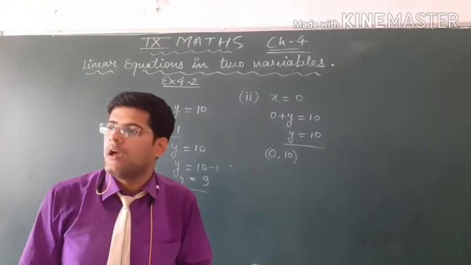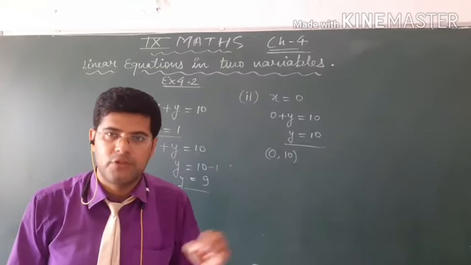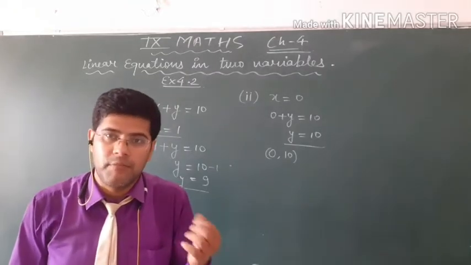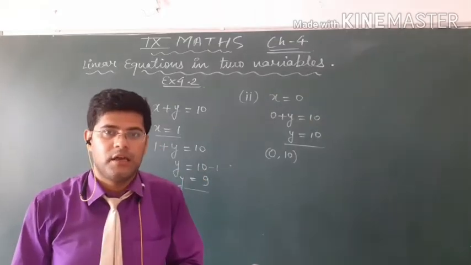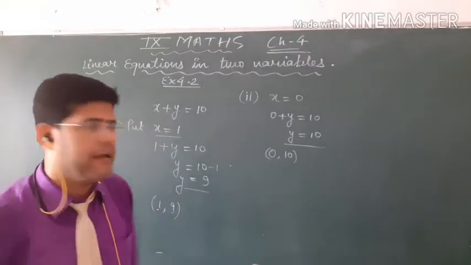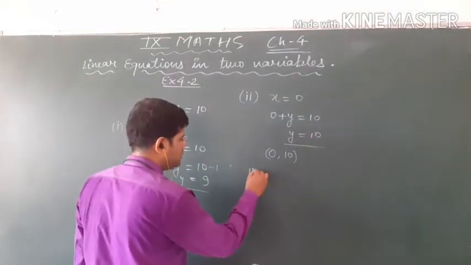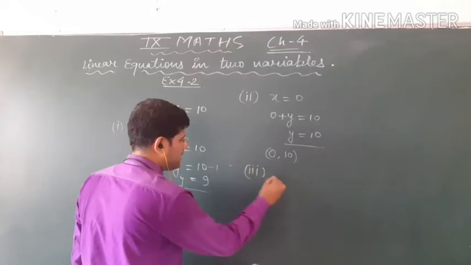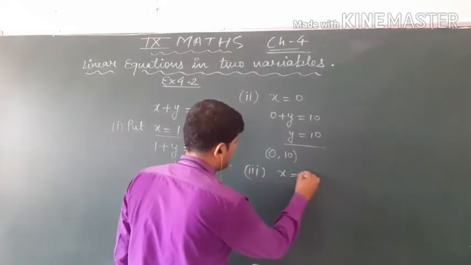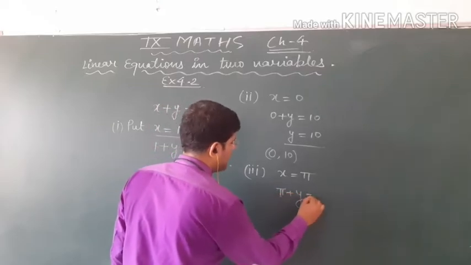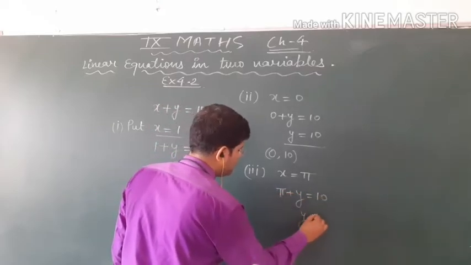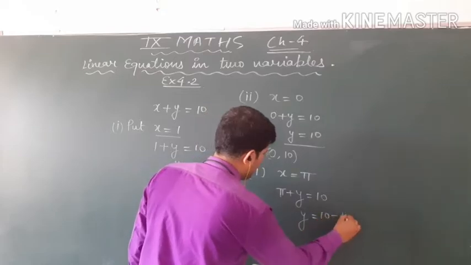Any whole number can be the solution, any real number, rational or irrational, can be there. So we can put anything, as if you want to put x equal to pi, you can put that also. When you put pi plus y equal to 10, then y equals 10 minus pi.